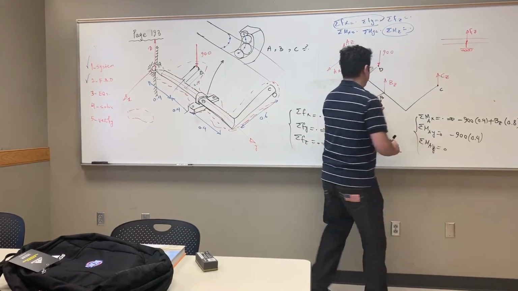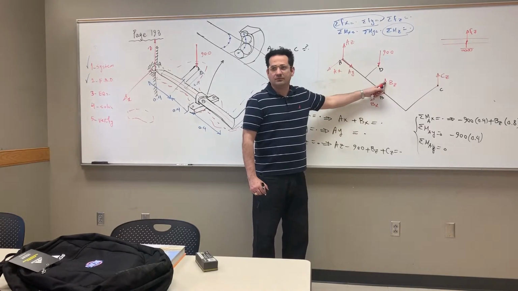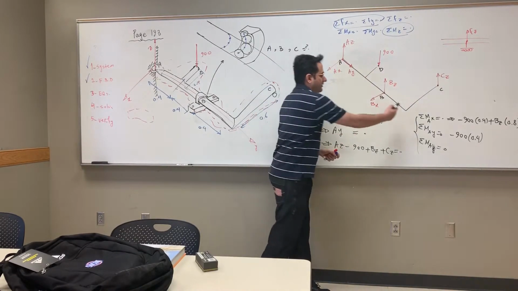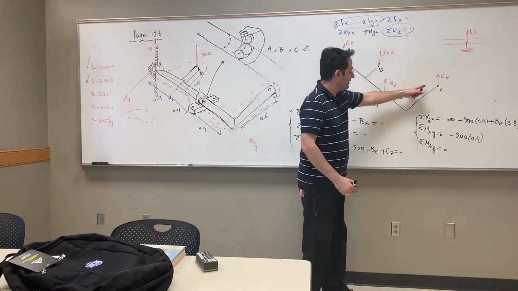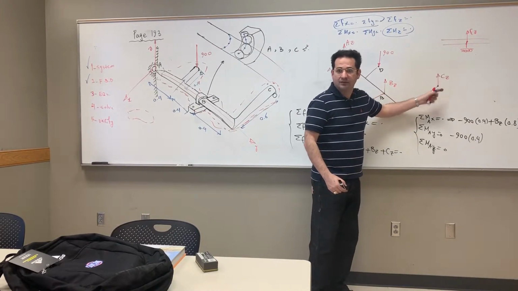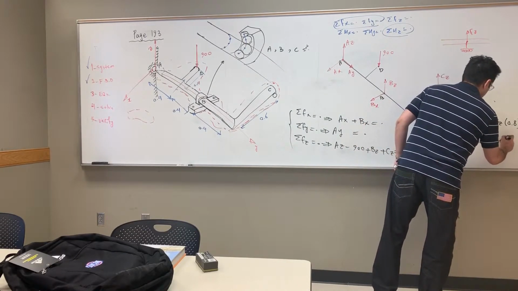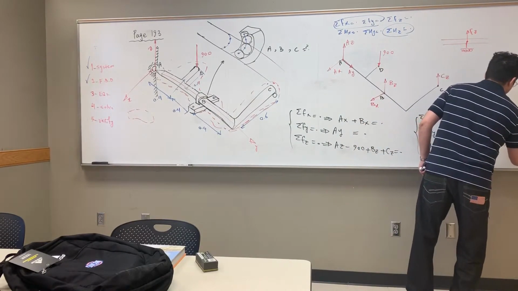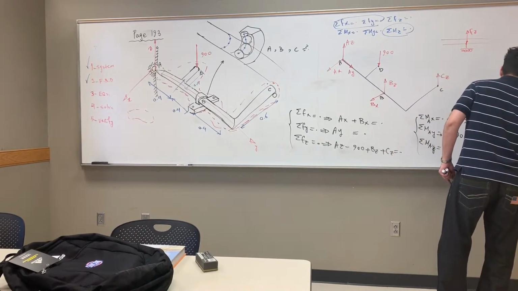Next. No. 0. It goes through the y-axis. You know, it's concurrent. It goes through the y-axis. 0.6 times CZ. Positive or negative? Positive. Is equal to 0.